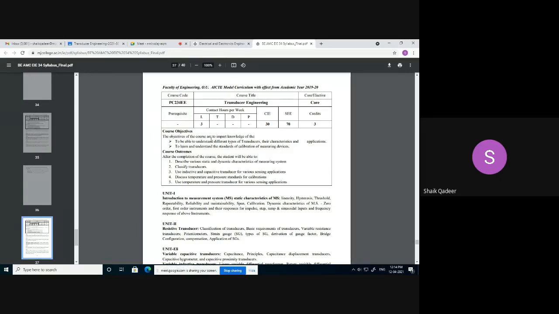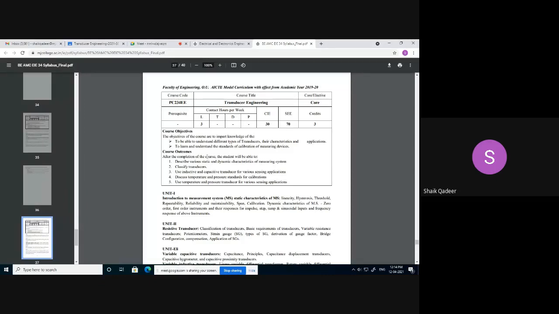The objectives of this course are to impart knowledge of, to be able to understand different types of transducers, their characteristics and applications. The other objective is to learn and understand the standards of calibration of measuring devices. So we keep these two as the objectives before starting the course. In this course, we will learn different types of transducers and see their characteristics and their applications.